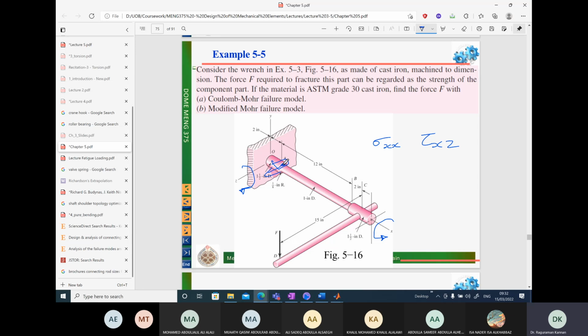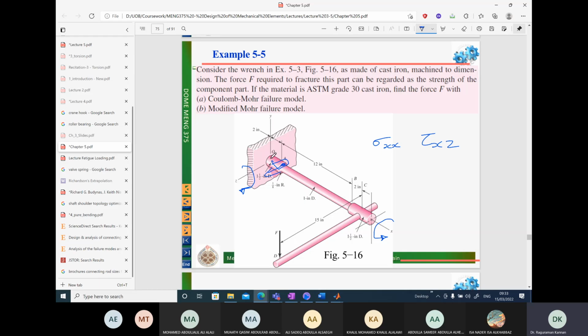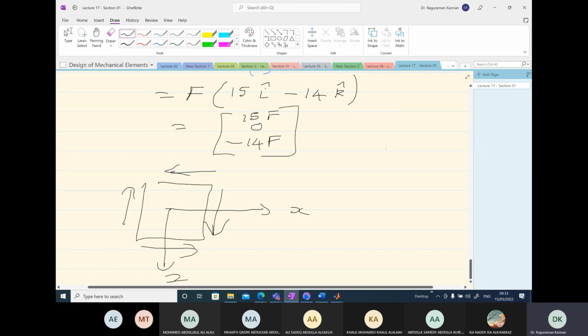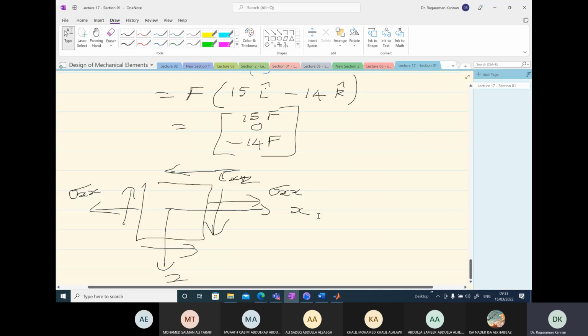X is here, z going down. My shear stress on the plane x here is going down this way. So that fixes the shear stress direction, and there is also the sigma xx value here. So this is tau xz, and sigma xx. Sigma zz is 0. All right, so we have all the stress components ready.